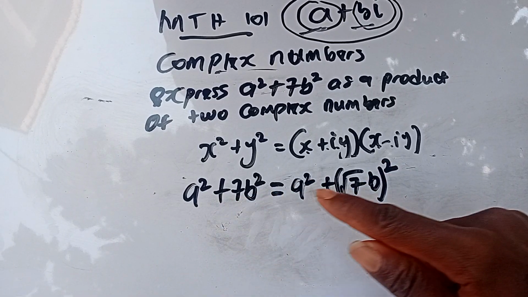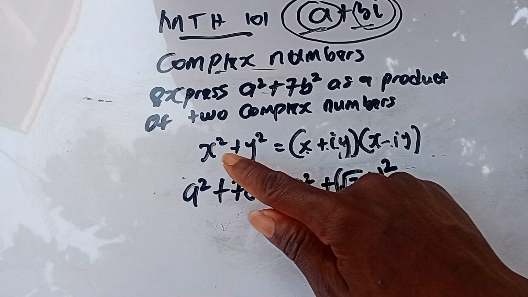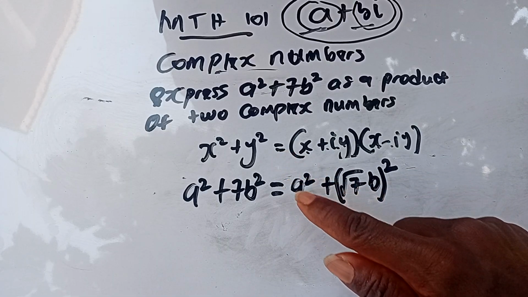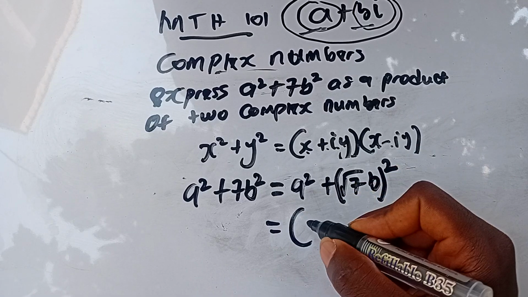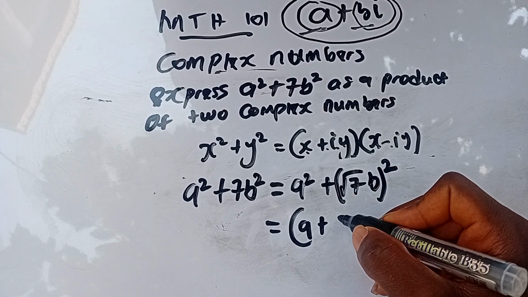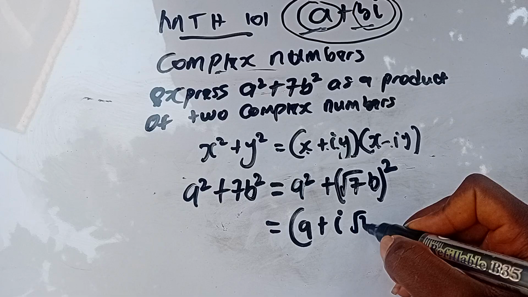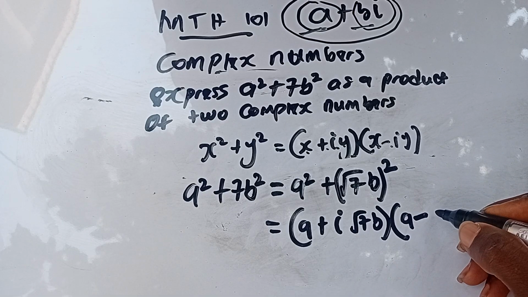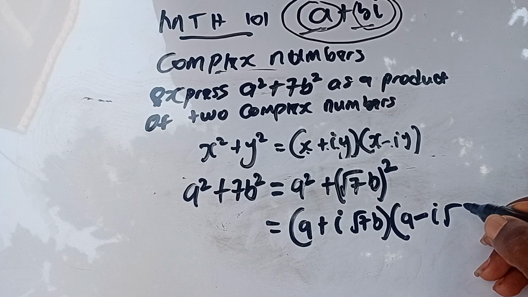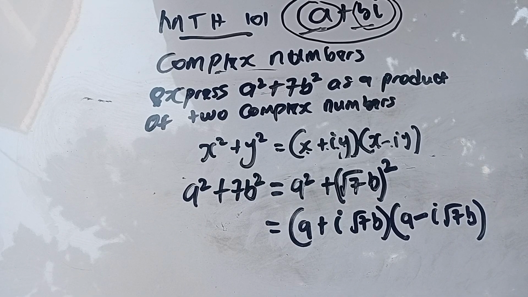So this guy equals this. Now this guy looks like x and this root 7b looks like y, so we can express this in the form of this. So at the end of the day, we get x, that's a, plus iy. What's our y? Root 7b. Then x, that's a, minus iy, root 7b. So that's the answer.